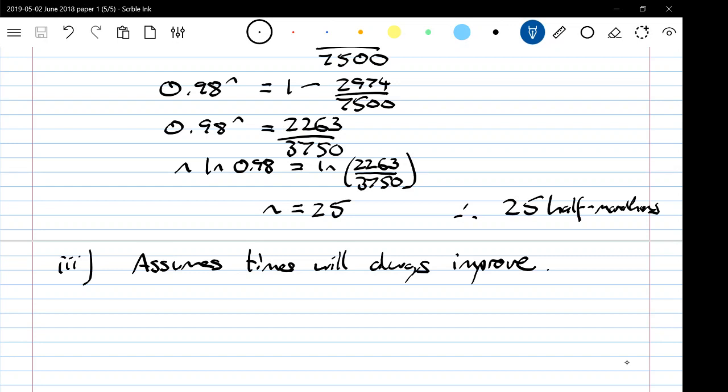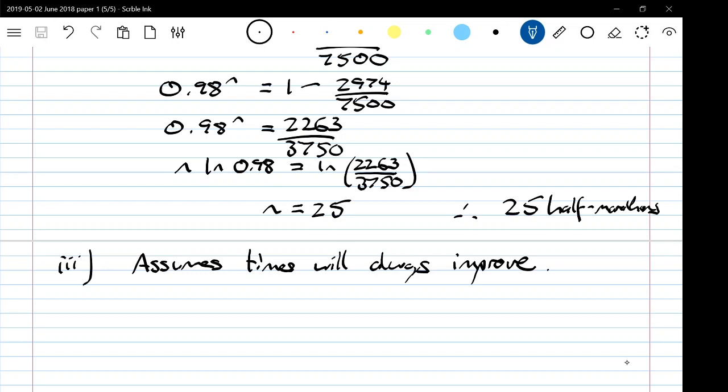The other criticism I think a lot of you picked up on, and is a really fair one for the model, so think wider than just the mathematics of it. He's running half marathons. Presumably they're in different places in the country at different times of year. There are different conditions.